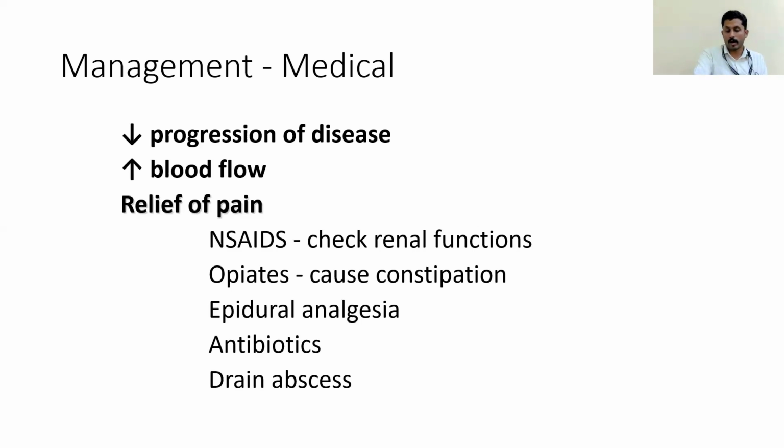If we can't break the pain cycle, then the patient will benefit from epidural analgesics. As we discussed already, antibiotics are needed only in indicated patients. And if there is any underlying abscess or necrotizing soft tissue infection, we have to debride or drain that abscess.